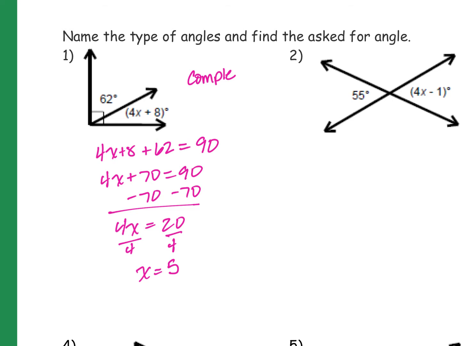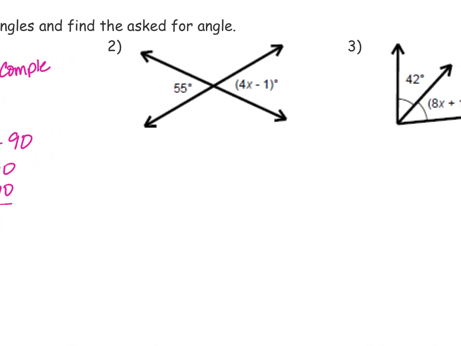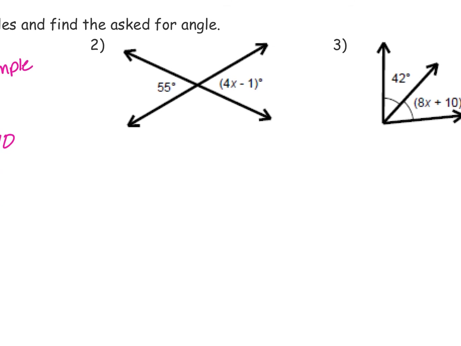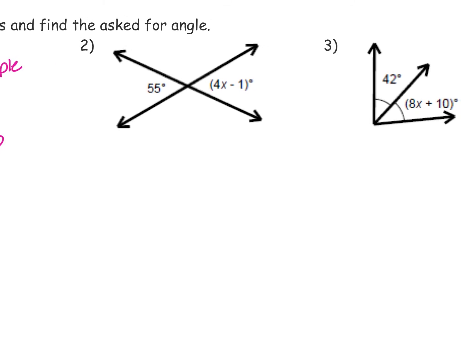Okay. So what type of angles is number 2? Linear, supplementary, right? So does this angle and this angle form a line? No. So they're not supplementary or a linear pair. Look at your definitions on the front page.